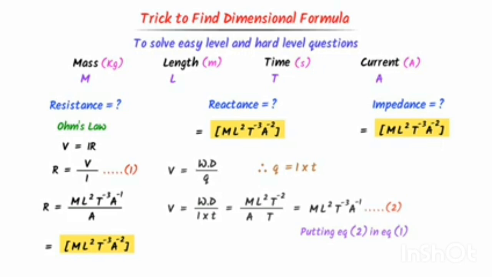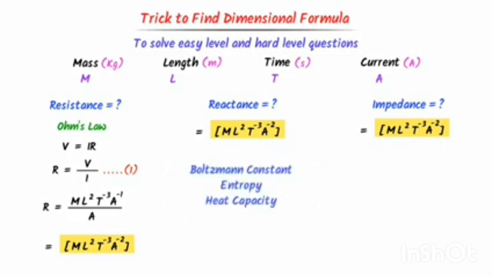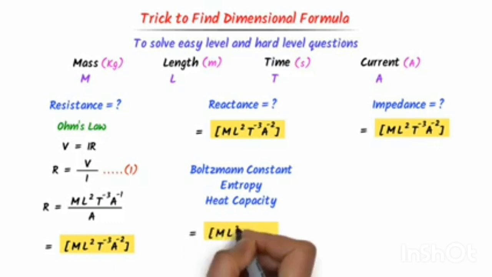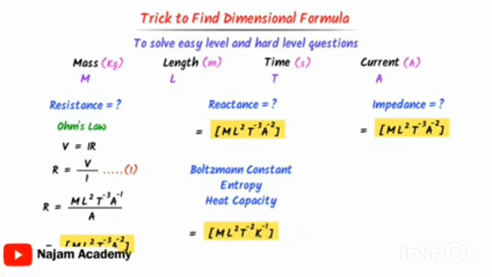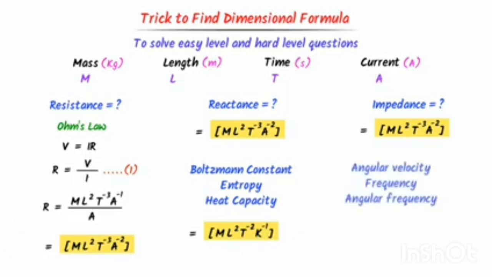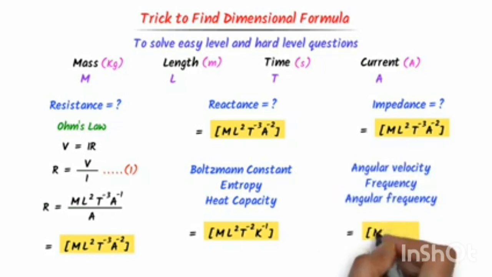Also remember that the dimensional formula of Boltzmann constant, entropy and heat capacity is M L^2 T^-2 K^-1, while the dimensional formula of angular velocity, frequency and angular frequency is M^0 L^0 T^-1. Thus note down all these important dimensional formulas which will help you in any exam. I hope that you have learned this super easy trick.